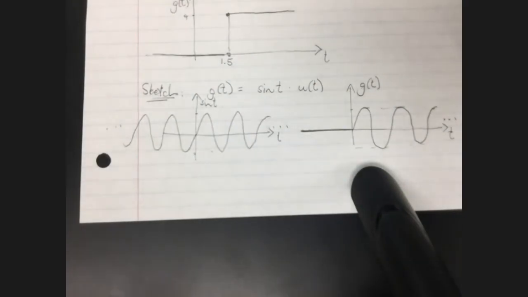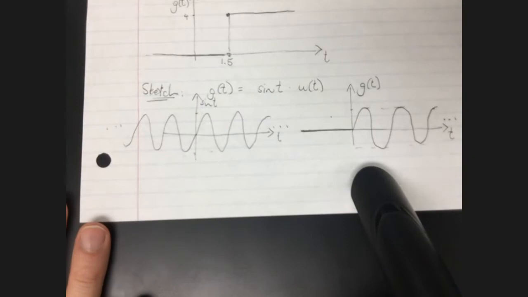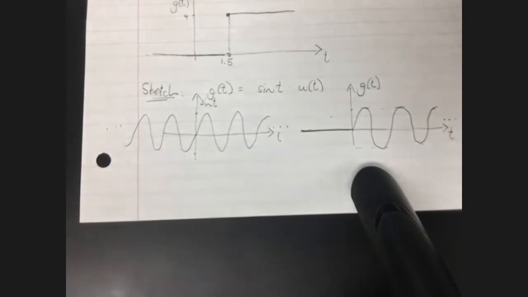So if we were to put it into words, in terms of the technical terms that we learned, what did we do by taking this signal on the left and multiplying by u of t? We made it causal. Exactly right.